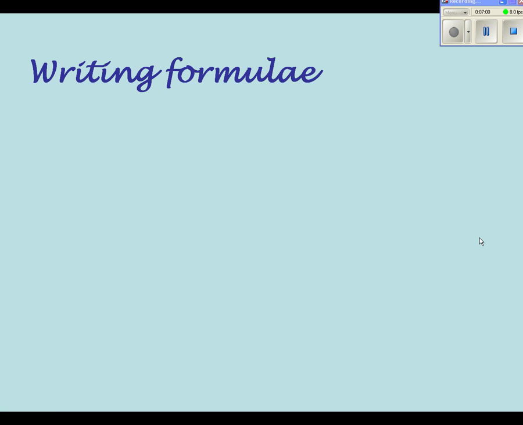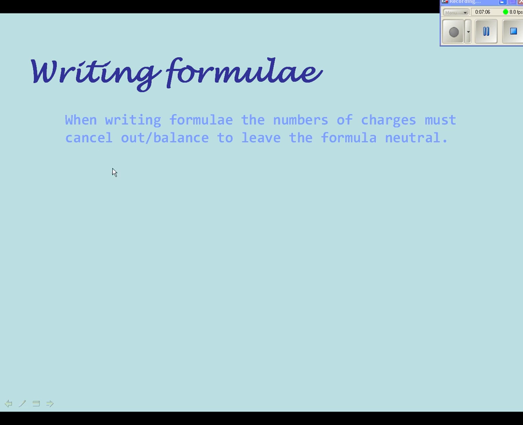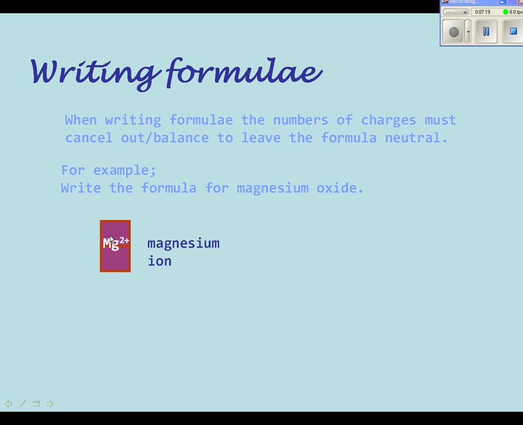So when we're writing the formulae for ionic compounds, the fundamental rule is that the charges must cancel out and/or balance to leave the formula neutral. So if we're asked to write the formula for something like magnesium oxide, the magnesium ion, which is double positive, is shown this size. The oxide ion, which is double negative, is shown this size.